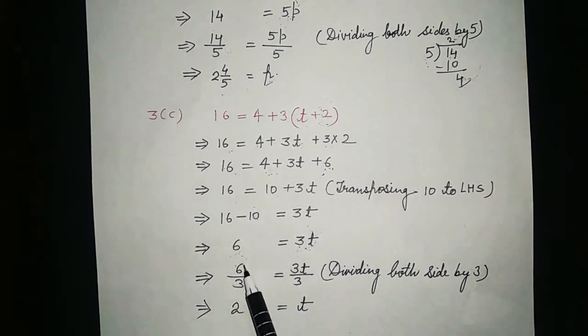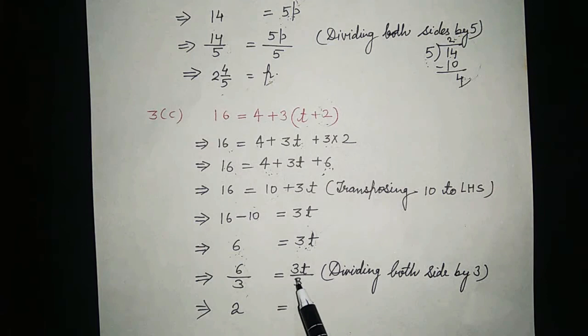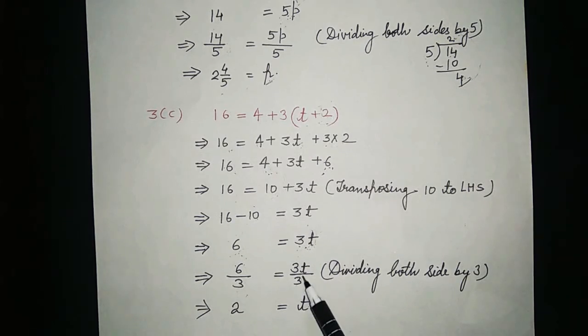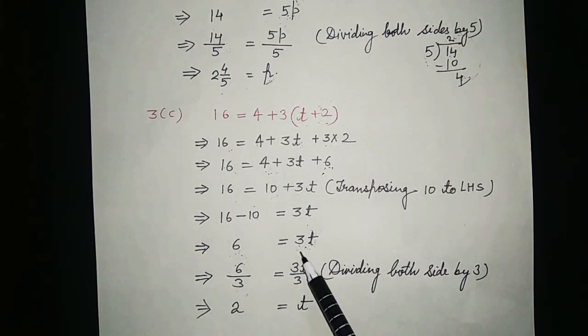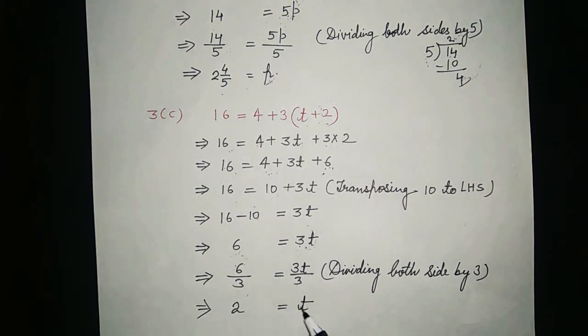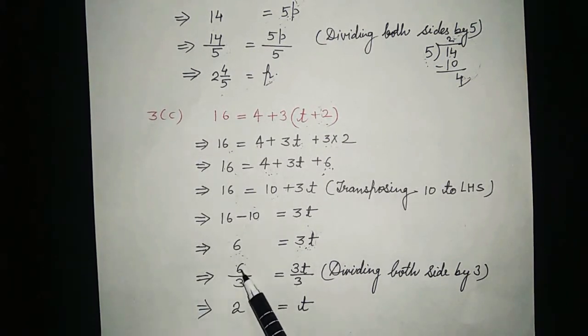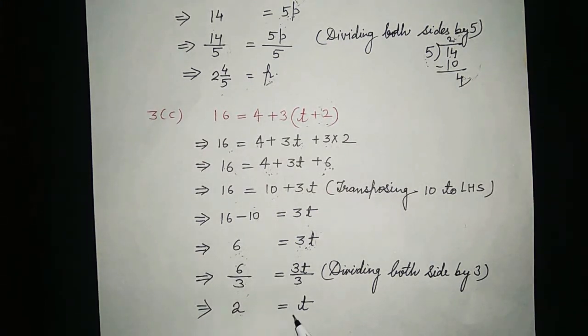So here 6 by 3 is equals to 3t by 3 will come after dividing both the sides by 3. So 3 ones are 3, 3 ones are 3. What is coming? 1. And 1 into t, what? t. And here when we divide 6 by 3, what will come? 2. Okay. So here the required value of t is 2.